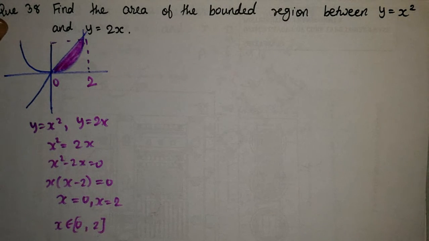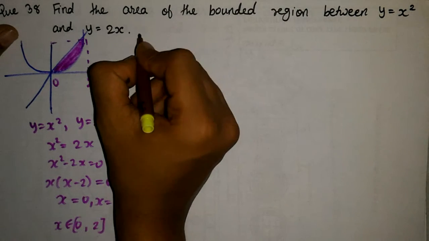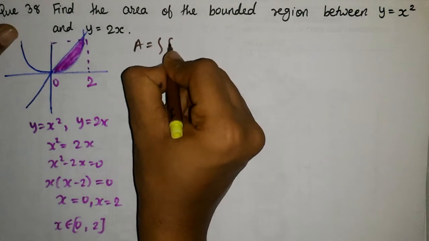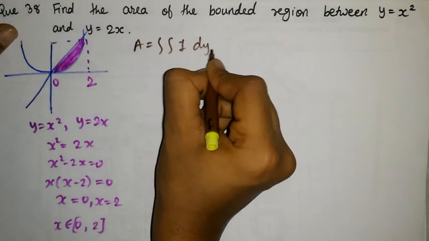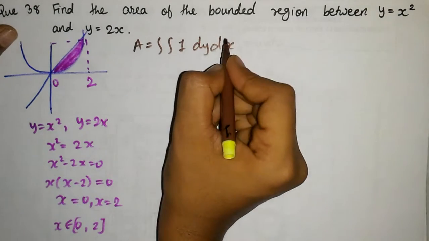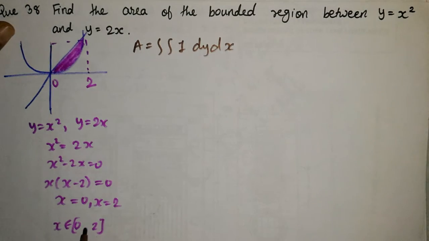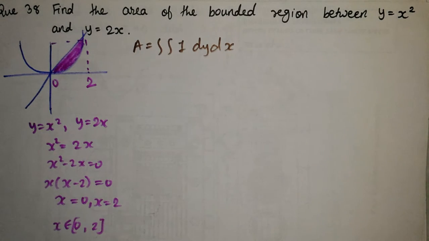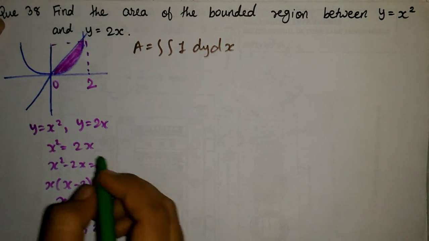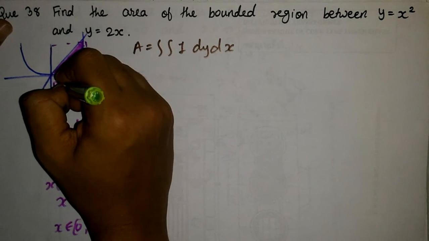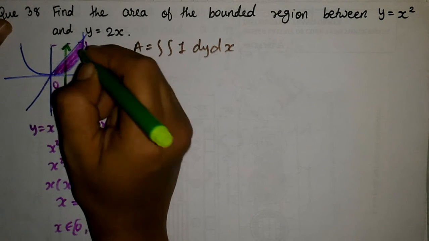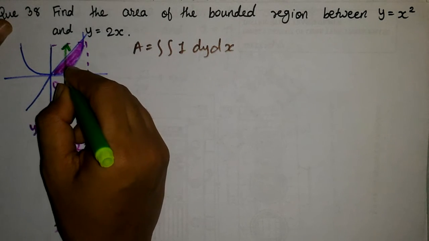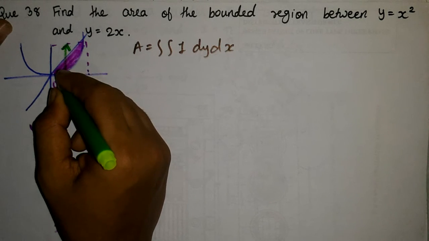So now area is equal to double integration 1 into dy dx. We have taken x constant. Whenever it's dy dx, we draw the vertical line. This I have taught in my second part, how to find area. So when we draw the vertical line, we can see it's entering from this curve.